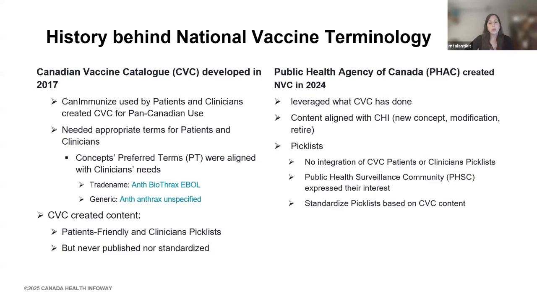It mostly leveraged what CVC had done in the past. The only difference is that their content is really aligned with Infoway. What I mean by that is when there is new content, such as new concept, new descriptions, modification or removal, they will align with that. CVC did not do that.